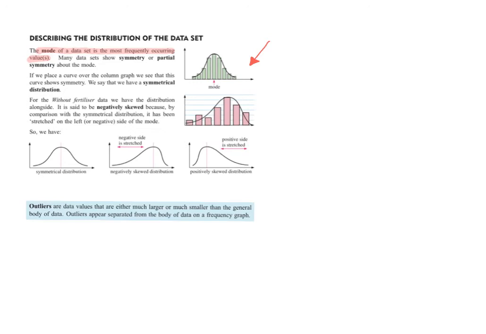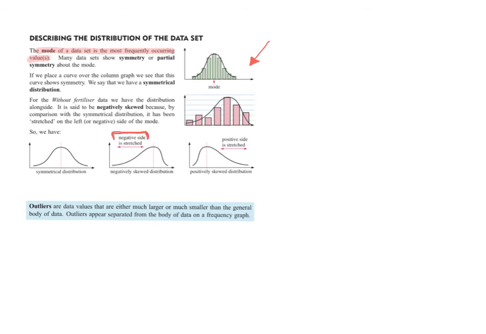Now, sometimes we can have either negatively skewed data or positively skewed data, meaning that there is a stretch on one side or the other of the mode. A negatively skewed data or distribution would be a stretch on the left side of our mode.